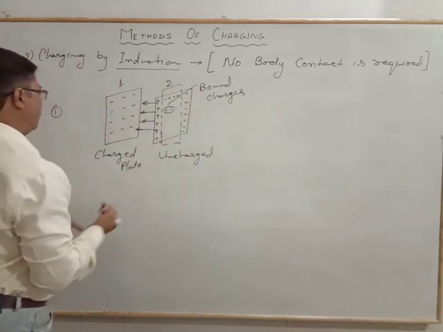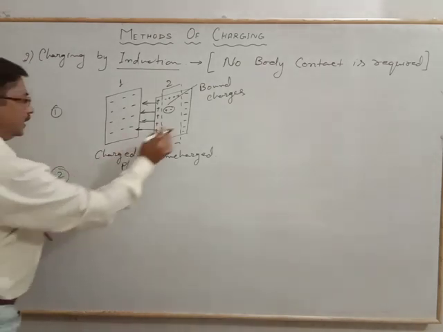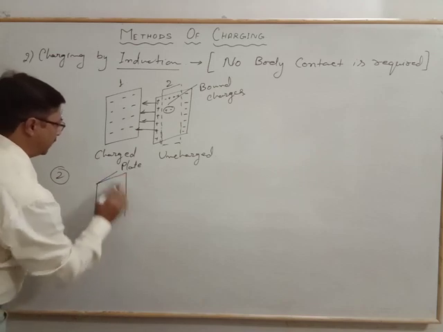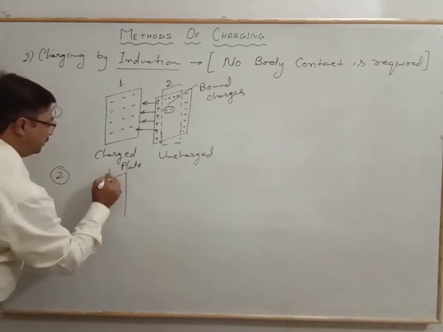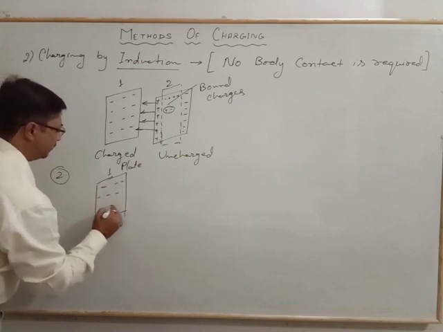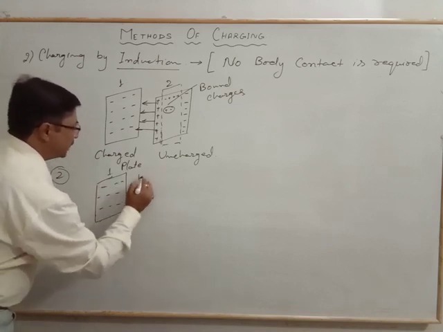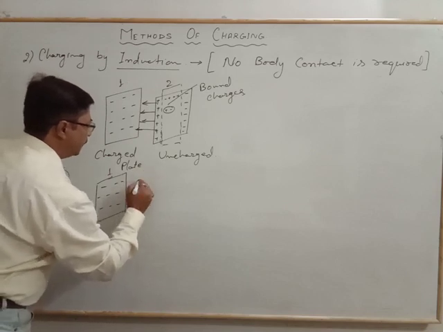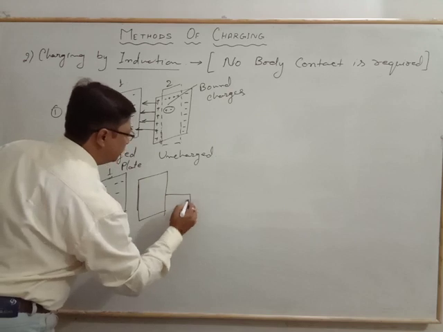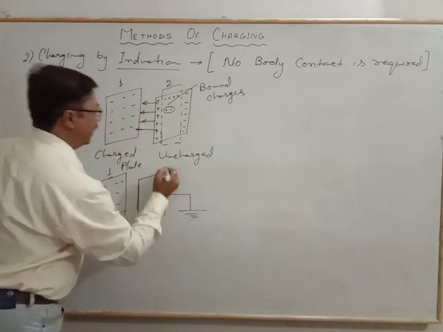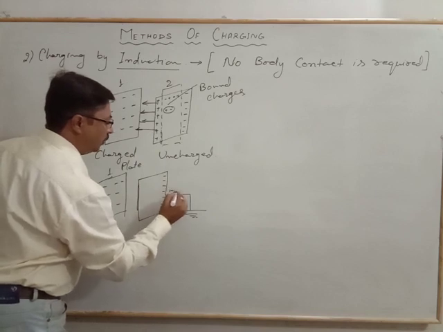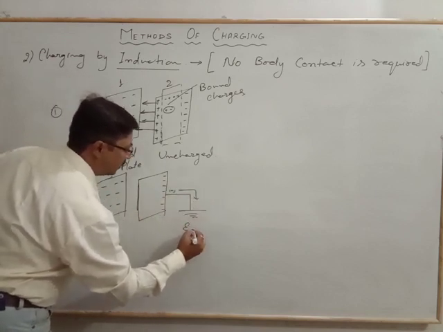In the next step, suppose this is plate 1, which has the negative charge, and nearby is plate 2. This plate 2 gets earthed. In that case, the electrons will move to the earth.